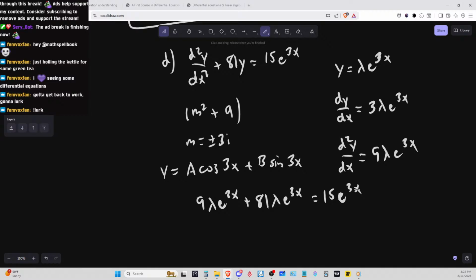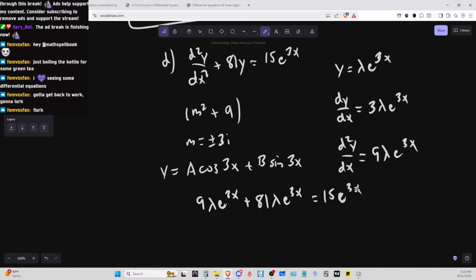Okay, so basically we have a lot of stuff that goes with each other. So now we have to solve for lambda.